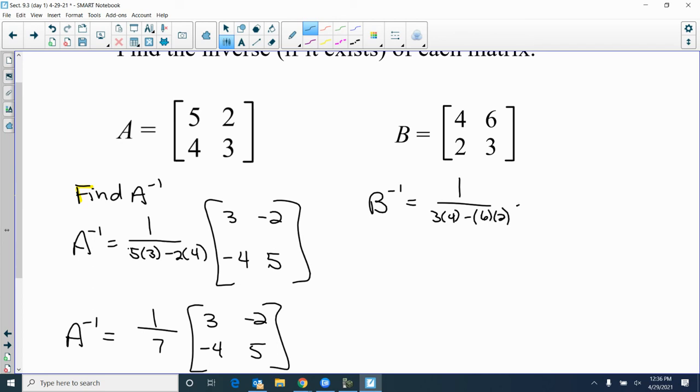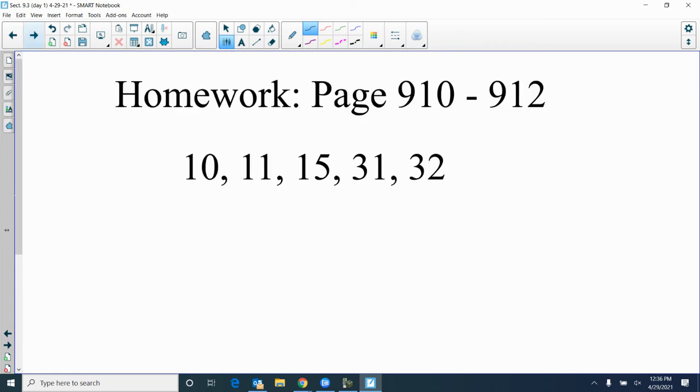What's that equal? 0. There is no inverse. It's what we call singular. Okay, so that is B. All right, finding the inverse, that's going to be kind of the key here.